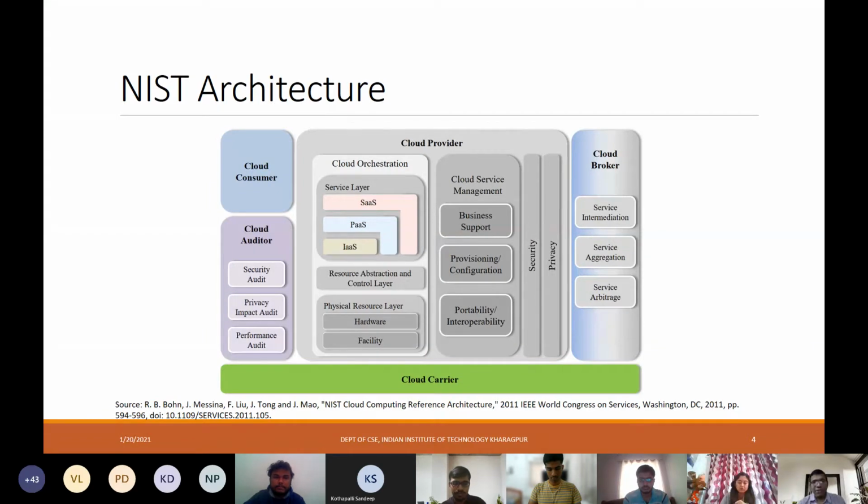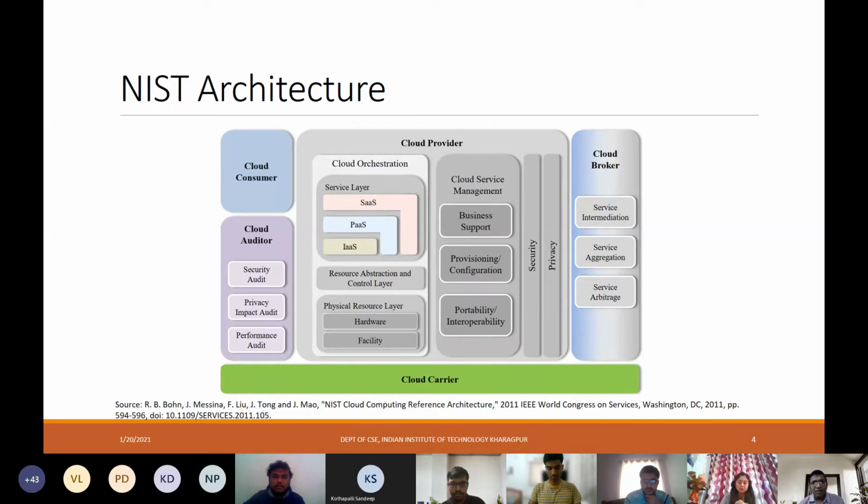Then comes the cloud auditor. The cloud auditor is typically an external, third party which takes care of different types of audits, ensuring that there is no security breach, that the system secures the data, and ensures privacy.